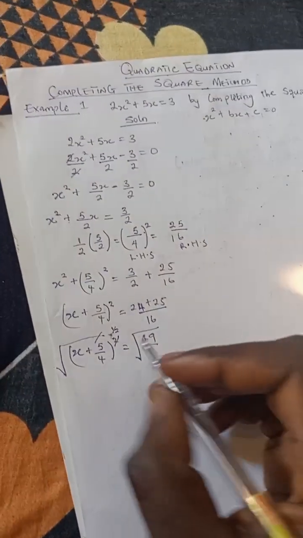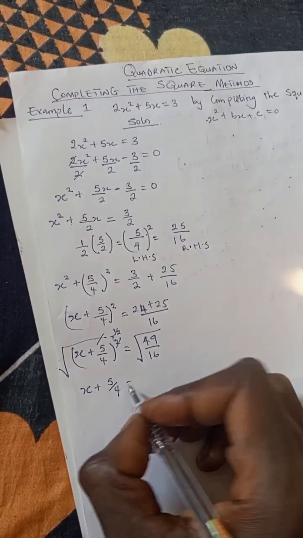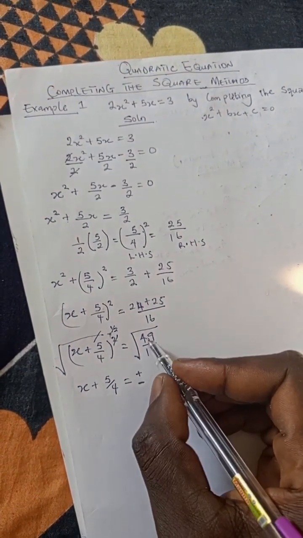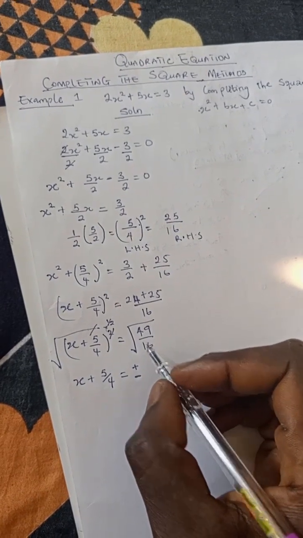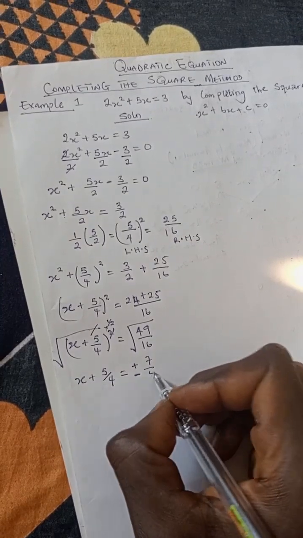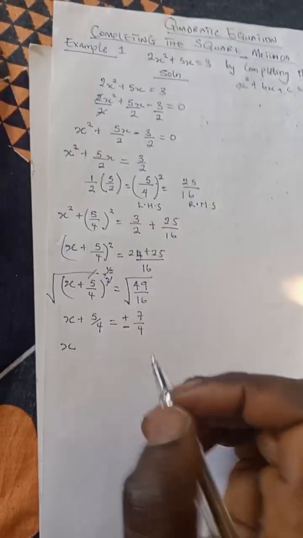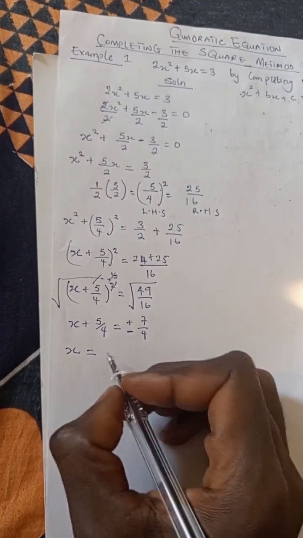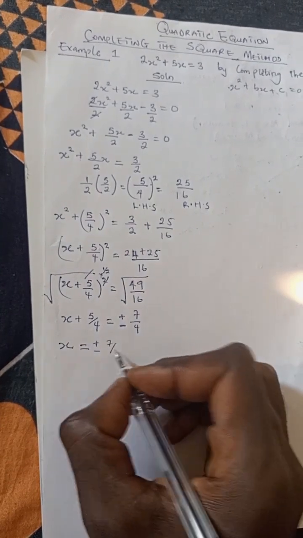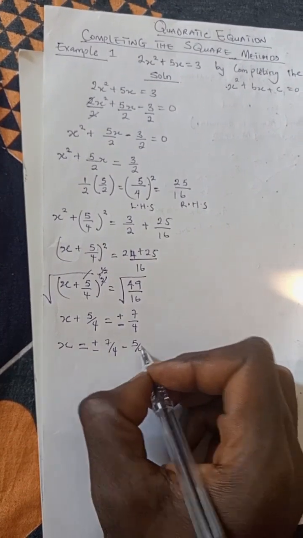So now you have x plus 5 all over 4 to be equal to plus or minus. If you take the root of 49, it is going to give you 7, then the root of 16 is going to give you 4. So now you have your value of x to be equal to, this one crosses to this side, plus or minus 7 all over 4 minus 5 all over 4.